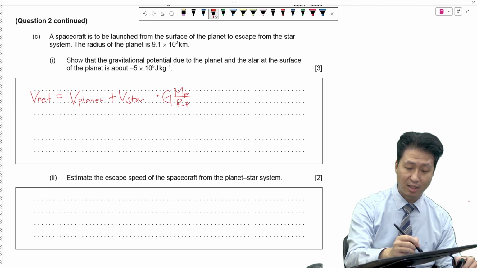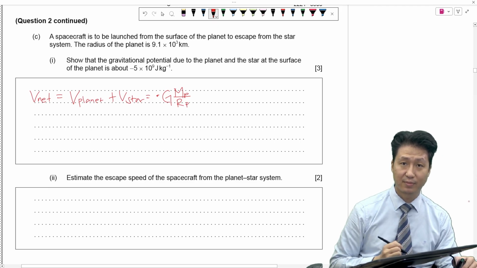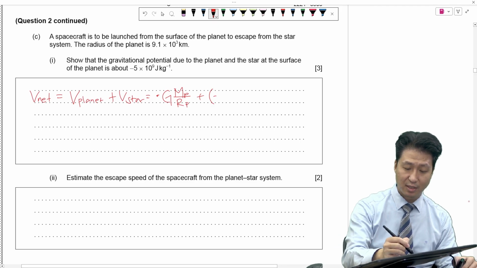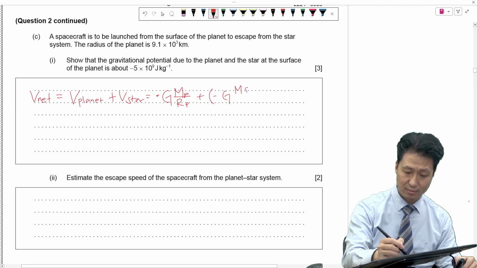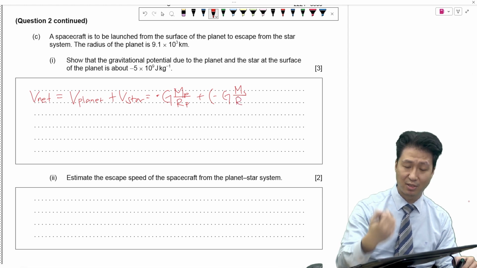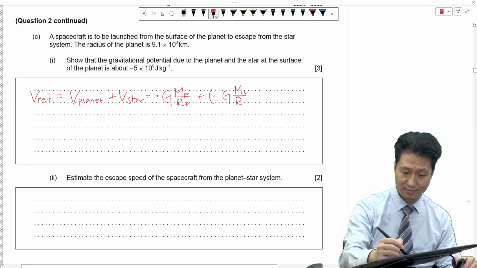And it's going to be negative, plus, again, negative for gravitational potential, gravitational constant, mass of the star, just M S, I guess, divided by the distance from the star to the planet.